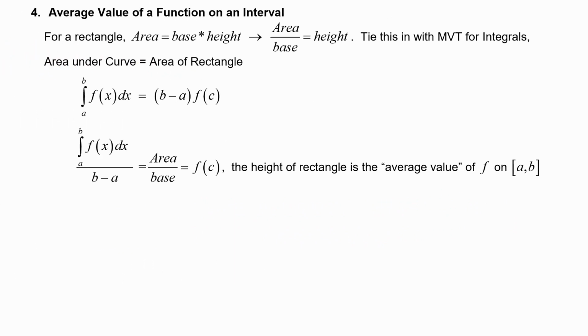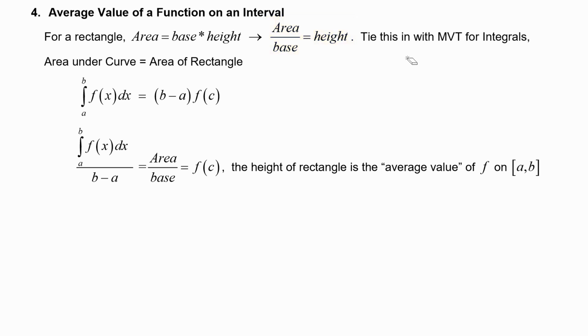Now, related to the mean value theorem for integrals is a concept called average value of a function on an interval. So let me help you understand the driving force behind this. For a rectangle, area is equal to base times height. Now if we take that equation and solve it for the height, we know that means you would have area divided by base.